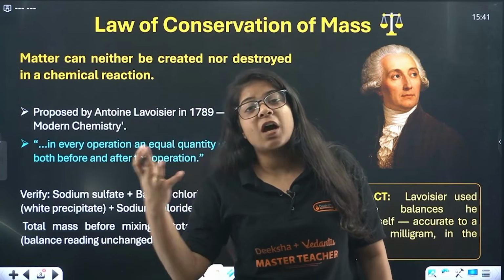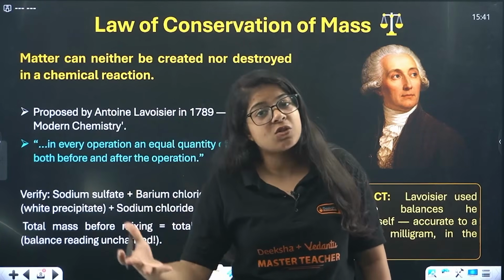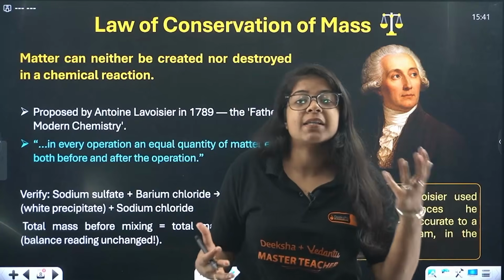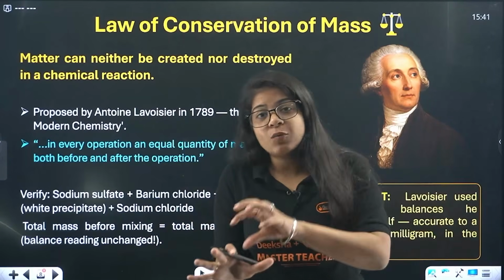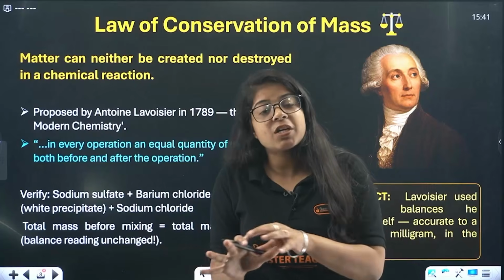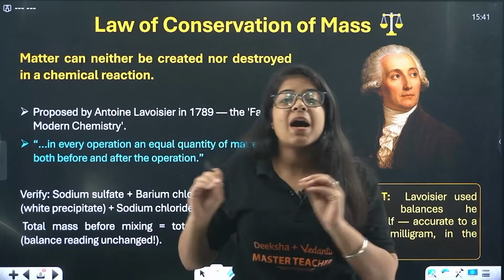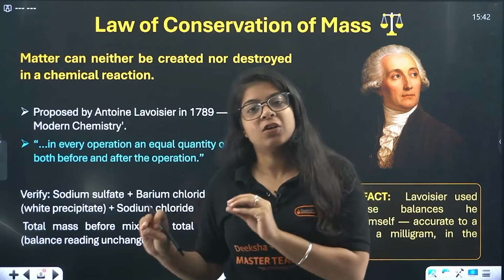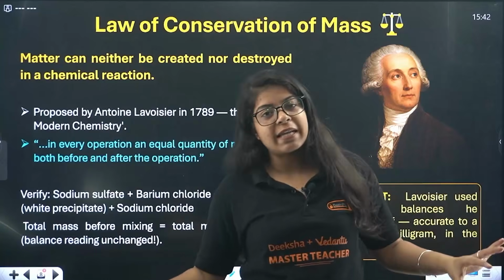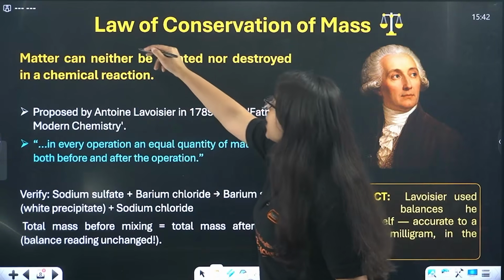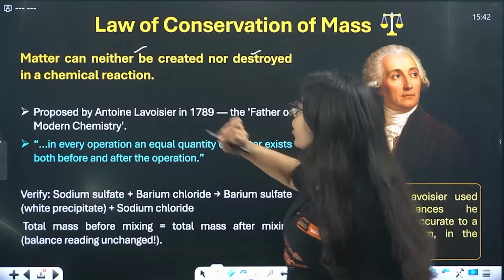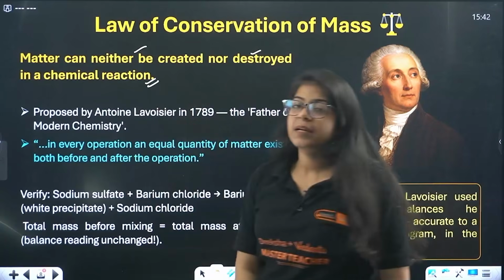From baking soda and vinegar, those are liquids and solid, it got converted into carbon dioxide, that is your gas. So the state of the matter is changed, but the total mass is not changed at all. Both sides it was 110 gram. Done. So matter can neither be created nor be destroyed in a chemical reaction.